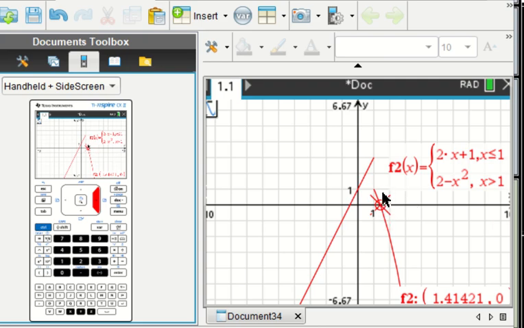So when I look at a piece of our other function, notice that it won't even make the jump down to -1, 1. Technically, -1, 1 is a point on the graph, but it's not a starting point because that's 2 minus x squared, and that's an open circle.